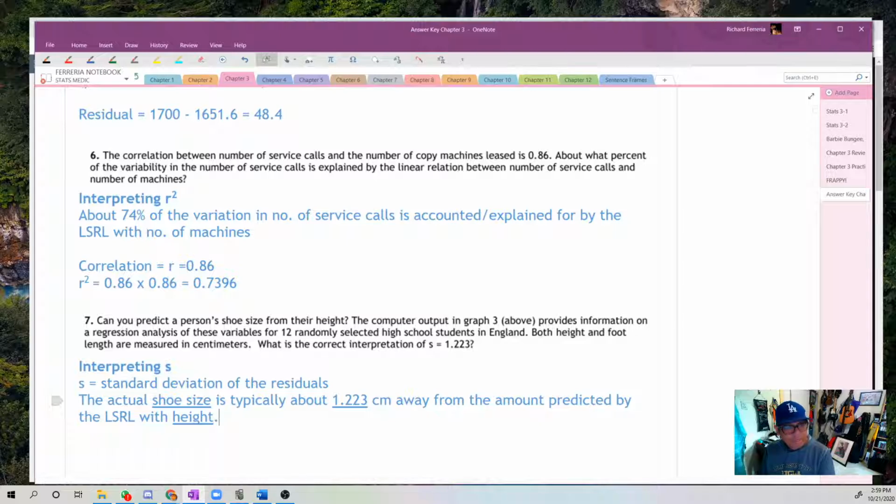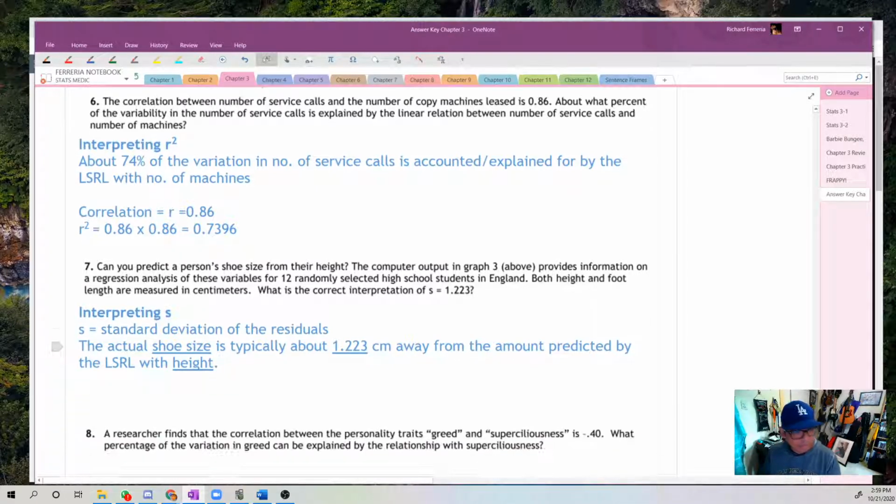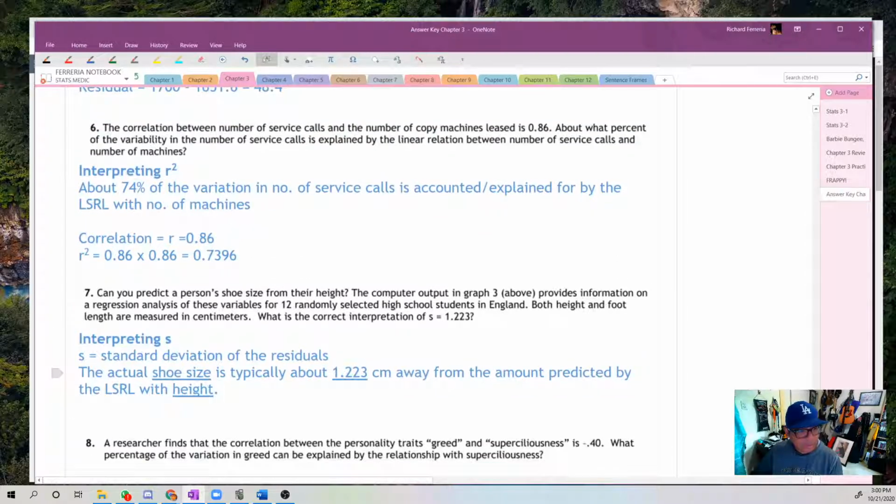So it tells you typically how wrong a prediction would be. And on average, a prediction is about 1.223 centimeters away from the actual shoe size. It gives you an error, really. Typical error.